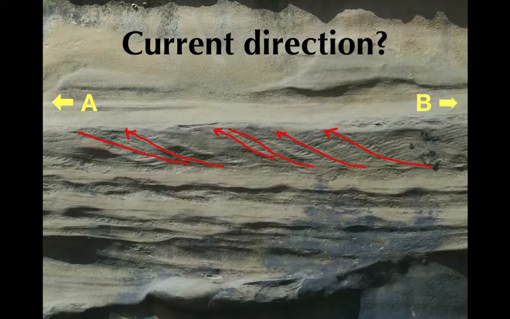And what gives it away is that the actual crossbeds are here, in between those layers. And so this is an example of climbing ripples where the angle of climb is pretty steep and the current direction is A, off to the left. So the current was going that way.